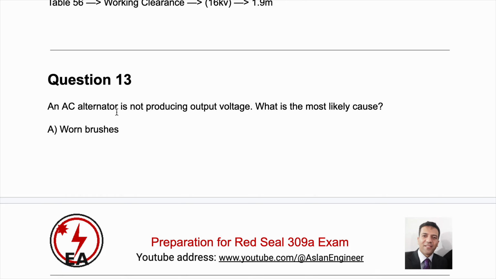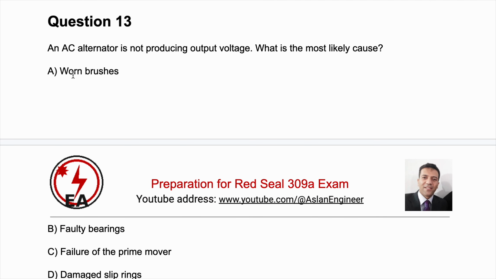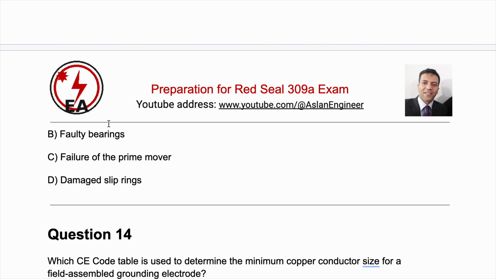So an AC alternator or generator is not producing output voltage. What is the most likely cause? What causes a generator or AC alternator to not produce the voltage, the power, the electricity? Worn brushes, faulty bearings, failure of the prime mover, damaged.